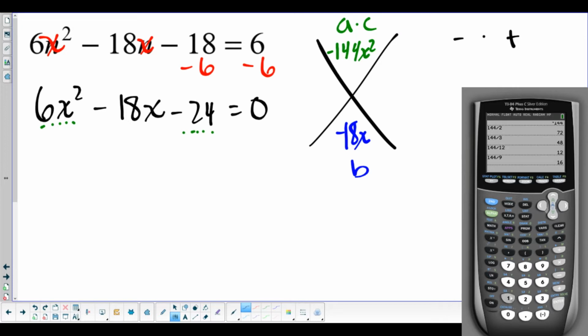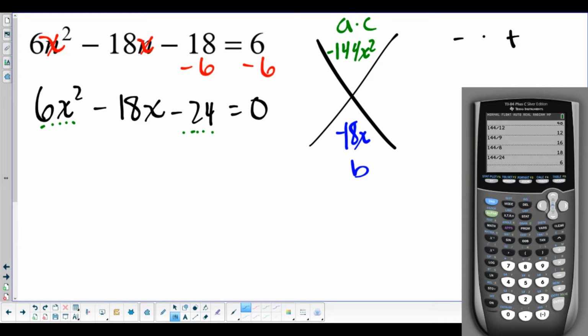What about 144 divided by 8? 18. Negative 18 and 8. No, that wouldn't work. What about 144 divided by 24? Ah, there it is. So it's going to be 144 divided by 24 is 6. Well, I know that 24 minus 6 is 18, so we're close.